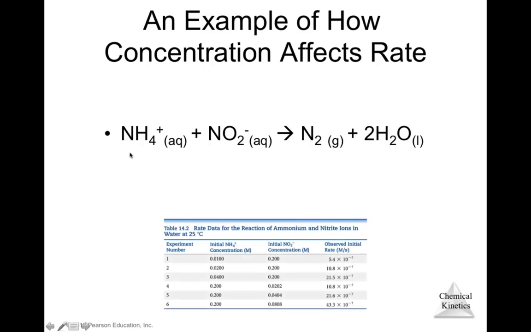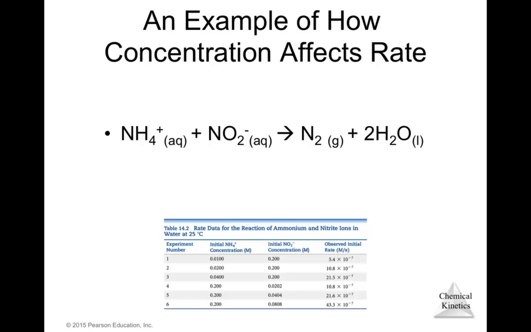So here's a table of the rate data. In the first three experiments, we can see that we changed the concentration of NH4 and the concentration of NO2 was constant. So if we see any difference in the rate, this difference will be due to the concentration of NH4, the effect of NH4.